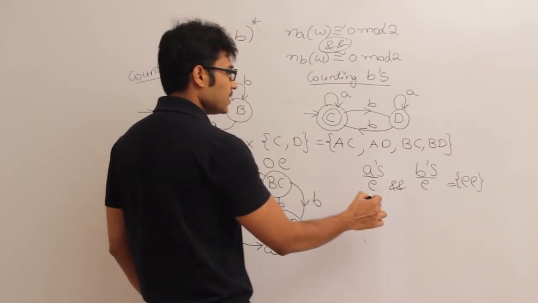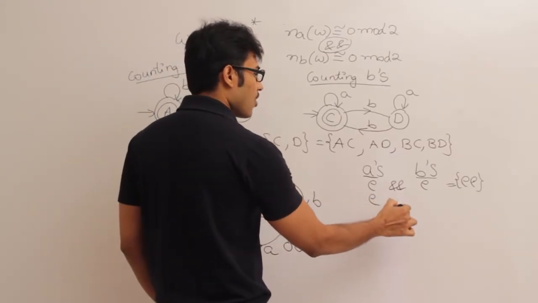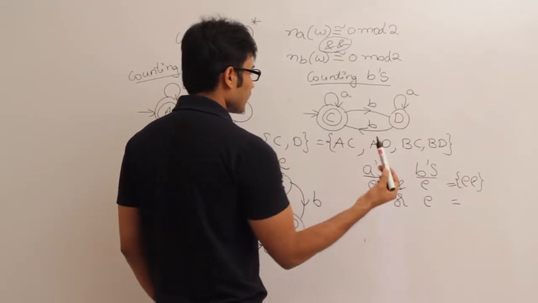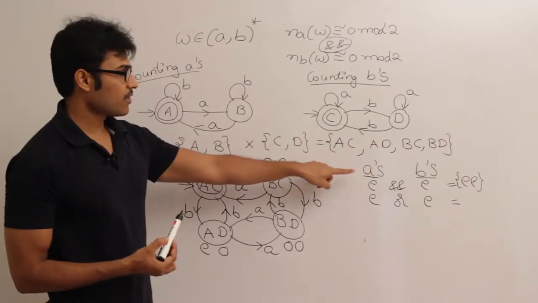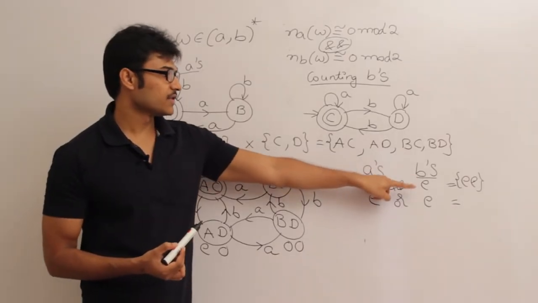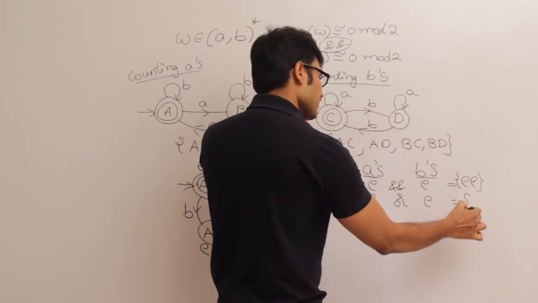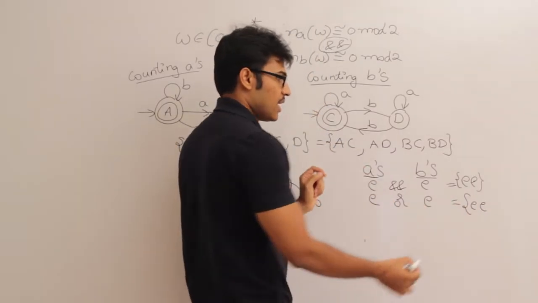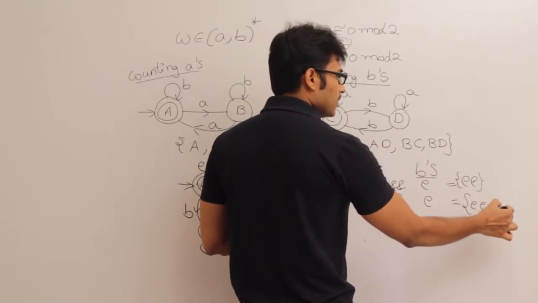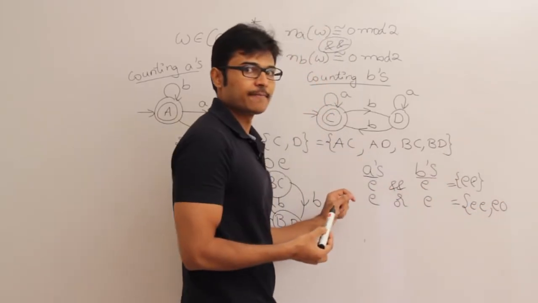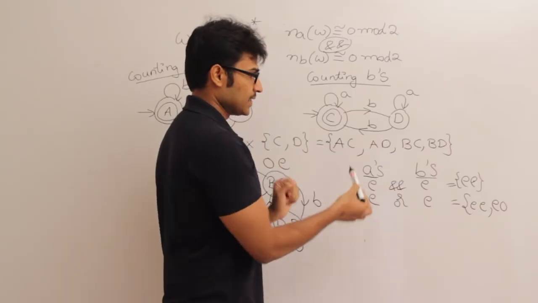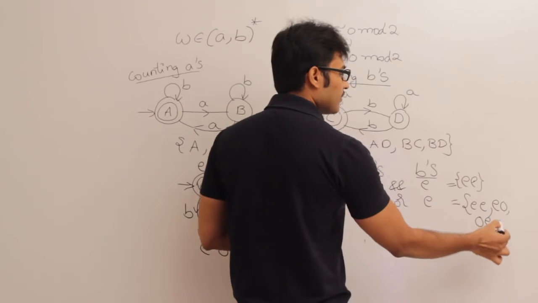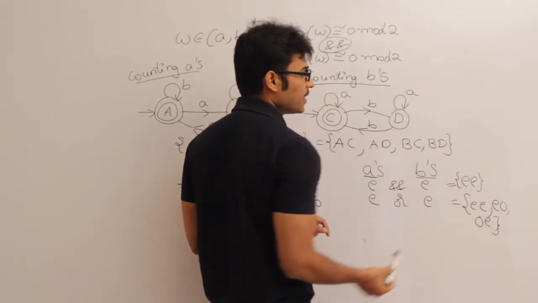The question can even be number of A's is even or number of B's is even. What if this is the question? Which means either the number of A's can be even or the number of B's can be even. So see, this first one is E should be the final state, definitely. Why? Because number of A's and number of B's both are even, and moreover EO can even be final state because number of A's is even, and OE can even be final state because number of B's can be even.